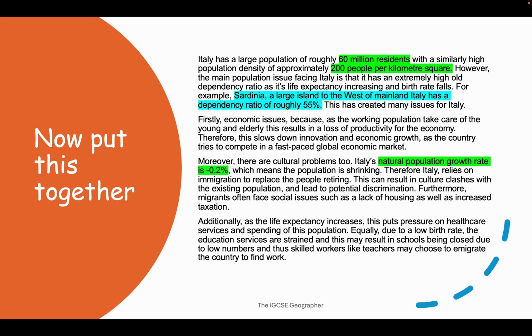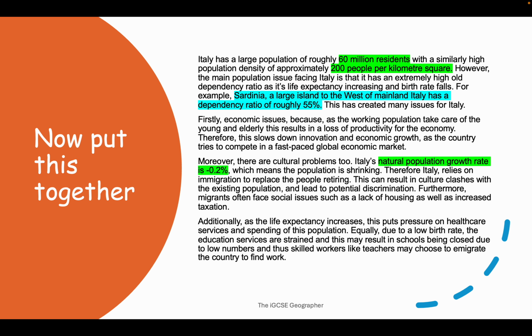Moreover, there are cultural problems too. Italy's natural population growth rate is minus 0.2%, which means the population is shrinking. Therefore, Italy relies on immigration to replace the people retiring. This can result in culture clashes with the existing population and lead to potential discrimination. Furthermore, migrants often face social issues such as a lack of housing, as well as increased taxation.